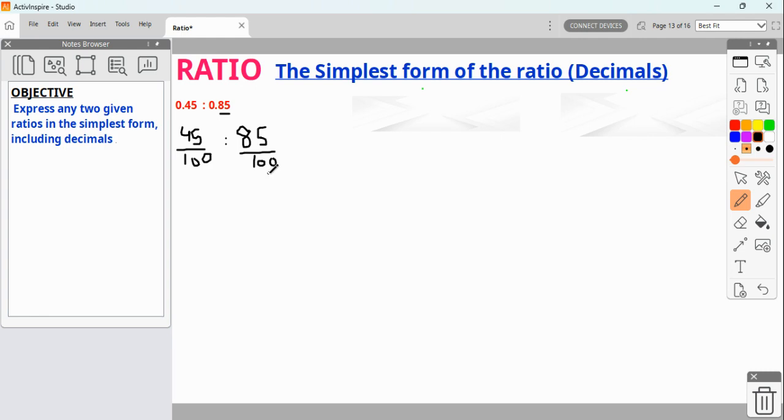Now there are different methods to solve it. Either we can cancel, or we can multiply. Both the fractions we can multiply by 100 because the denominator is 100. So we multiply here by 100 and the next fraction also by 100.